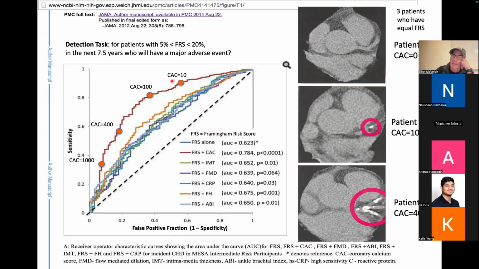I'm going to pick up 90% of the people who do have a heart attack. But I'm also going to include 60% of the people who don't in my prediction. So that's not a good spot, right? So at calcium 10, don't do that. At 100, I still pick up 85%, and I'm now down to a 40% false positive rate. At 400, I'm down below a 20% false positive, and I get 60% of the people.